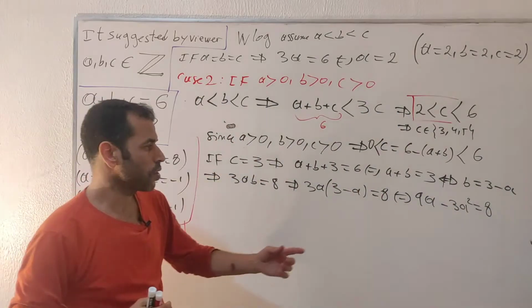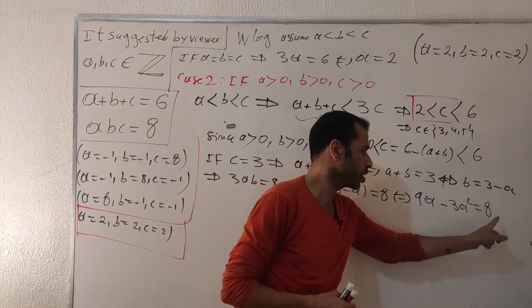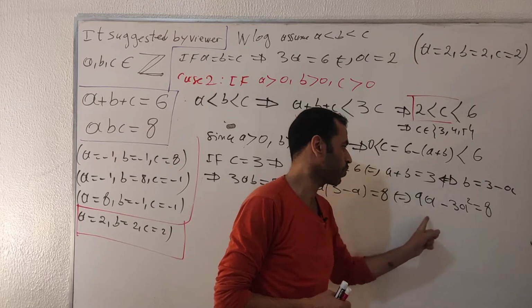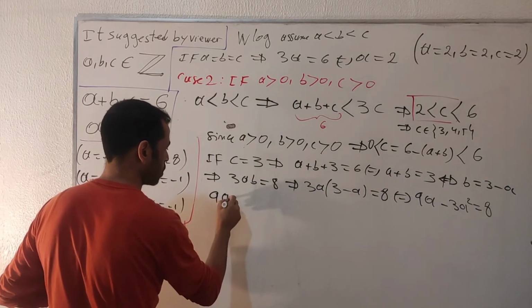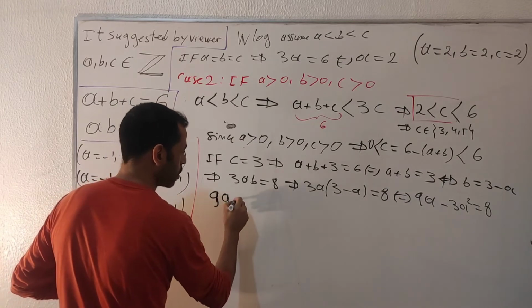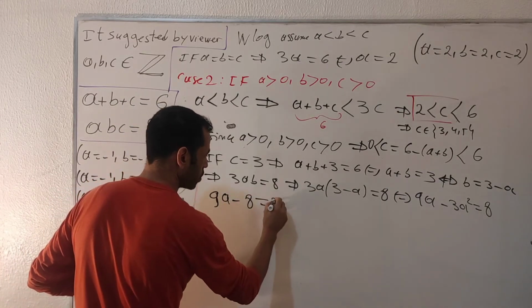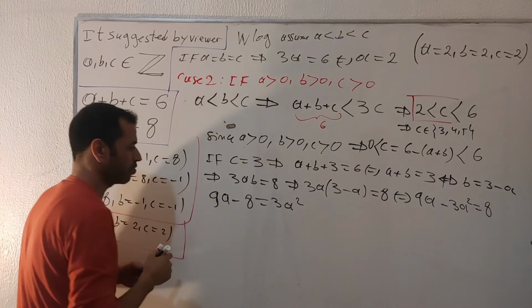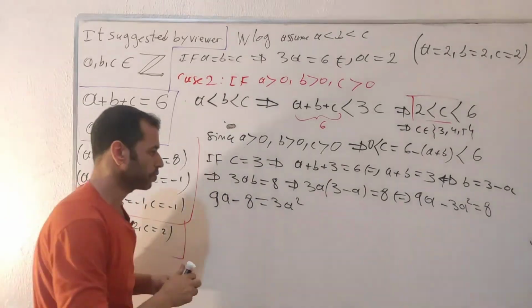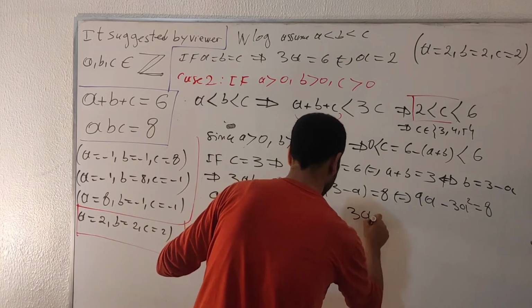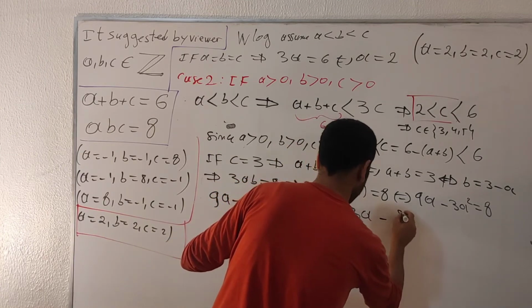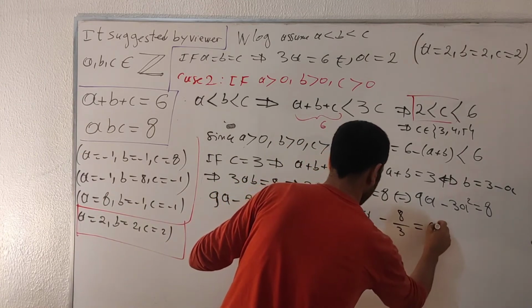Then moving this term to the right and bringing 8 over to the left, I get 9A minus 8 equals 3A squared. Dividing both sides by 3, I get 3A minus 8 over 3 equals A squared.